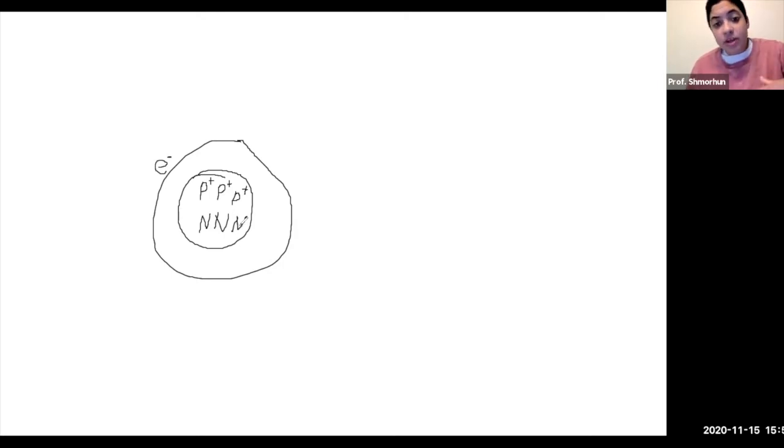The same for beryllium, four protons and four neutrons. For boron, five protons and five neutrons. For carbon, six protons and six neutrons. So an element is defined by the number of protons in its nucleus.